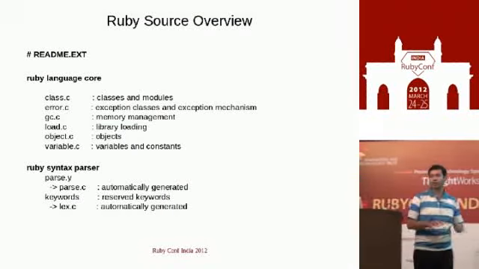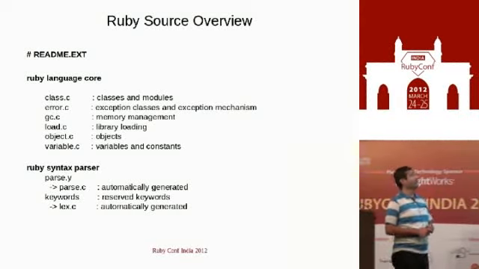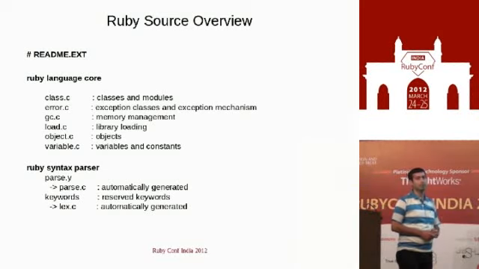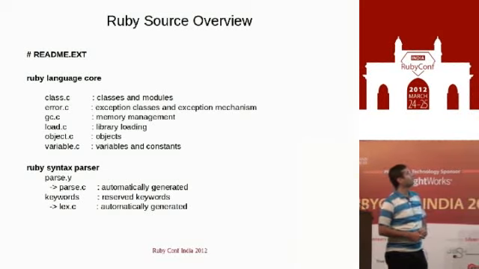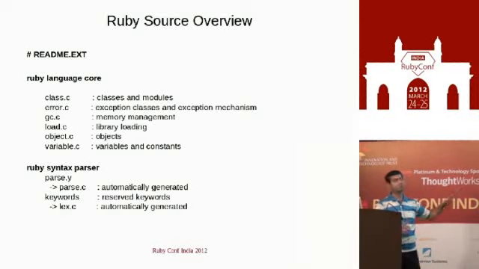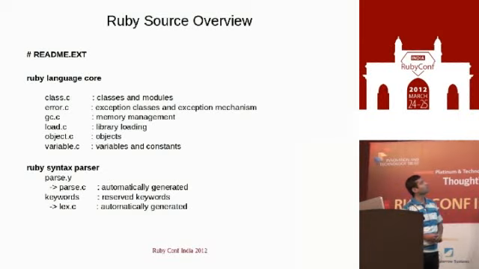We will take a quick glance at what C source is available beneath Ruby. This is taken from readme.txt, a file you can find in Ruby 1.9.3. It explains what C source code is available. There are some Ruby language core code with object.c, class.c.